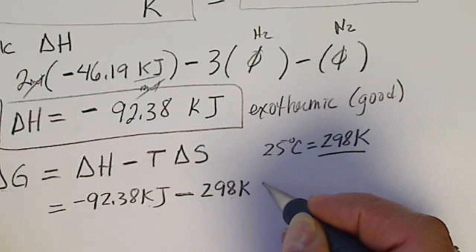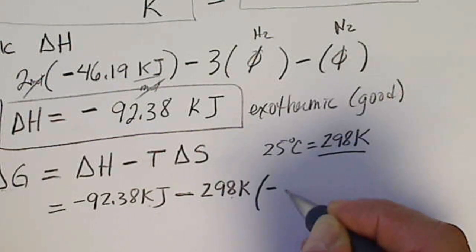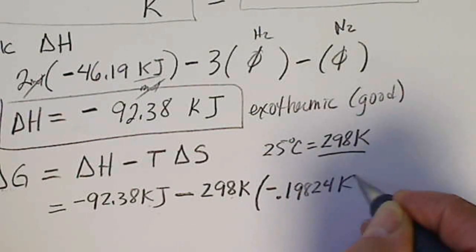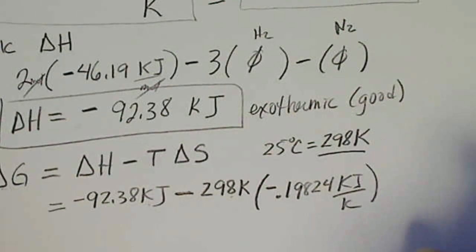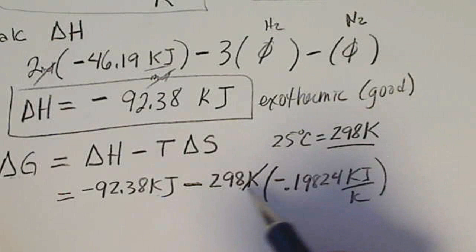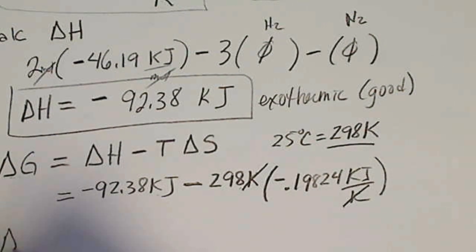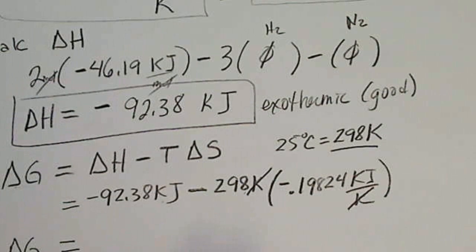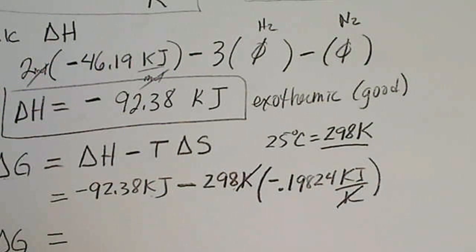So now we're going to multiply that by a negative 0.19824 kilojoules per degree Kelvin. So the Kelvin unit cancels. So our delta G is this number, negative 92.38.